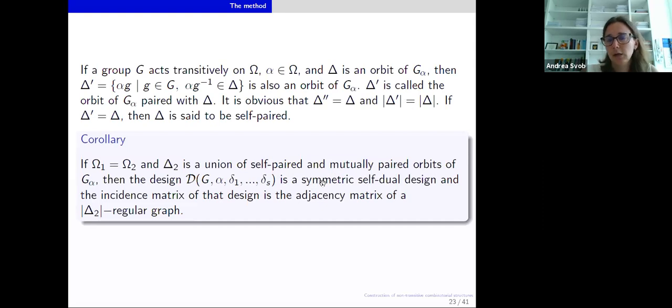For a self-dual design, you have zeros on the diagonal, but what does it mean? It means that the incidence matrix of the design is actually the adjacency matrix of a regular graph with regularity equal to the size of the base block.